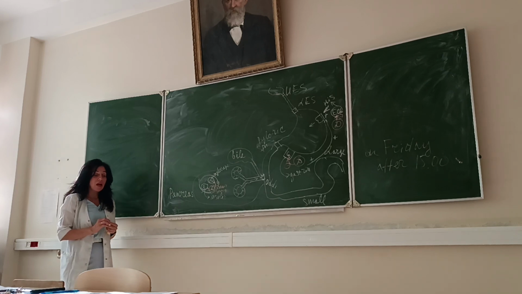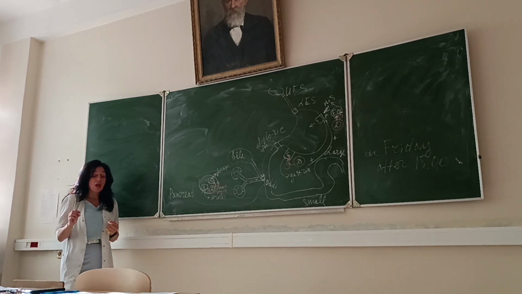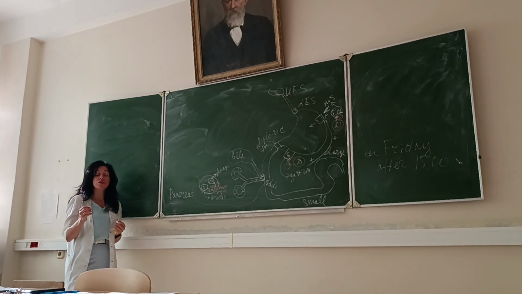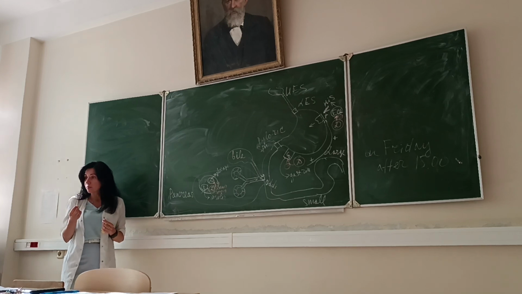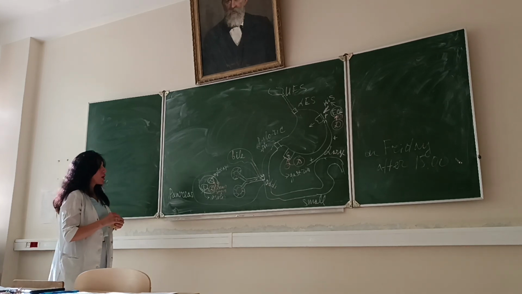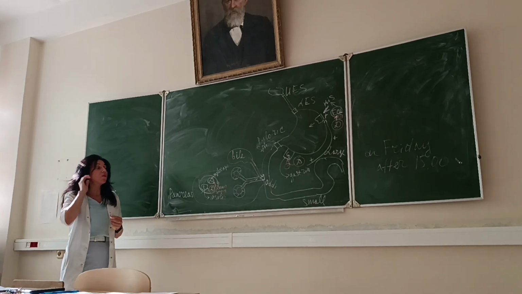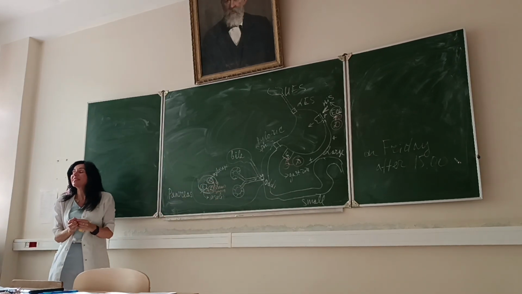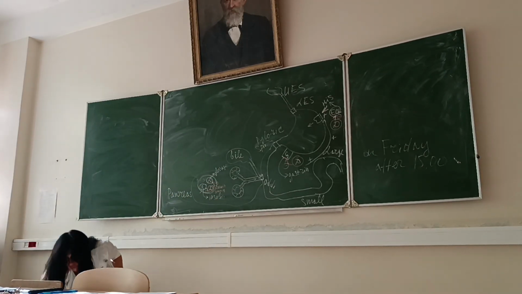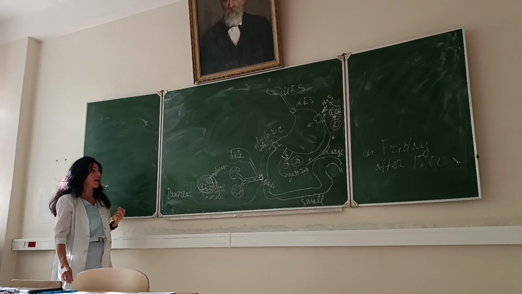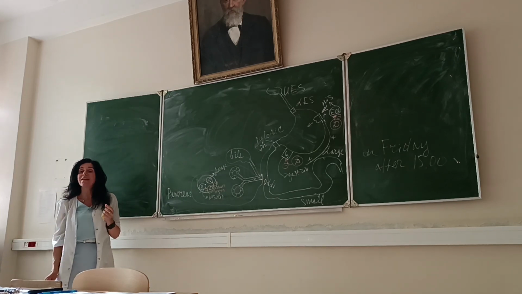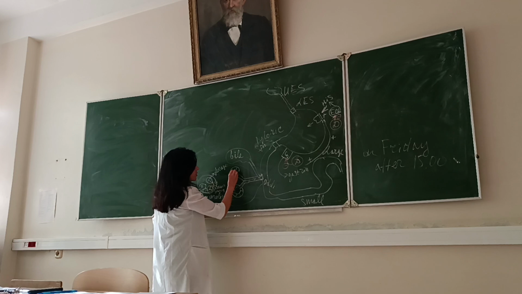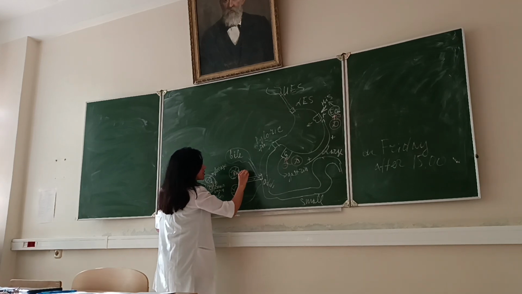Pancreatic juice compounds include organic and inorganic. Organic part: enzymes. What cell from here produces enzyme? Acinar or duct cell? Acinar cell. Here we have enzyme exocytosis, enzymes.